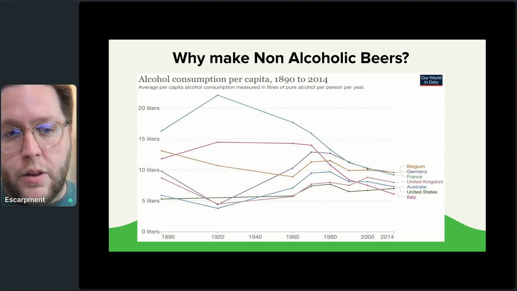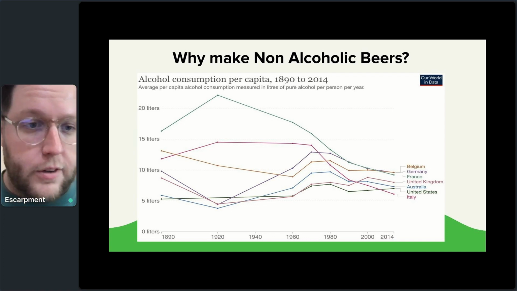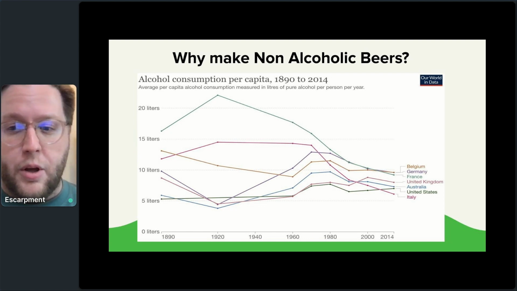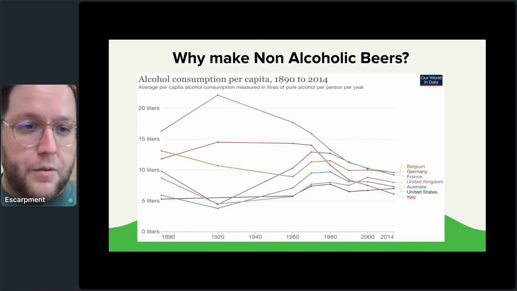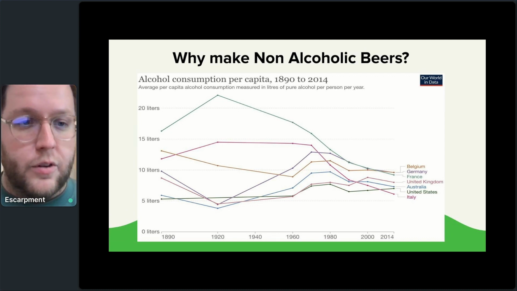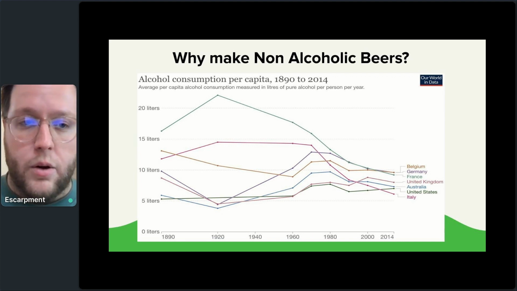So by and large, there's less alcohol being consumed. There's also more spirits and RTDs being consumed. So beer itself as a category has an uphill battle that it's got to fight. Craft beers, not immune to that either. So that is one of the challenges of the modern era, the fact that alcohol consumption is not going up.